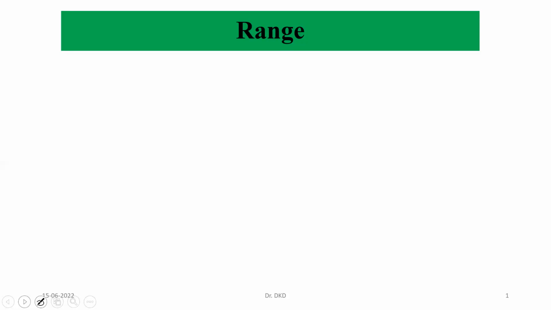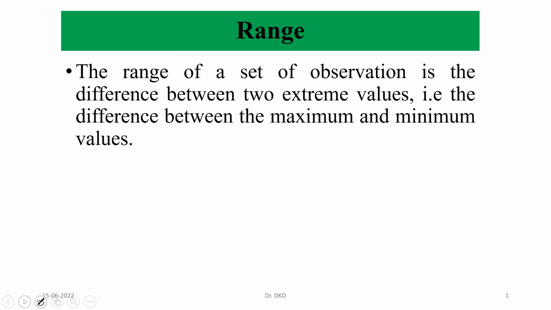What is the range? Range can be defined, for a set of observations, as the difference between two extreme values in a given data set. That is the difference between the maximum and minimum values.